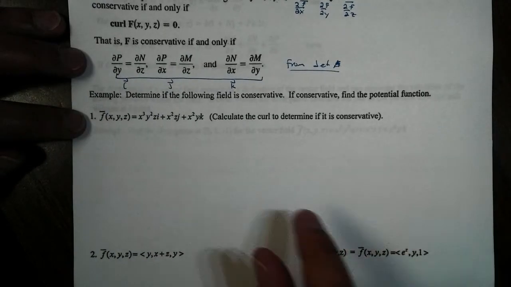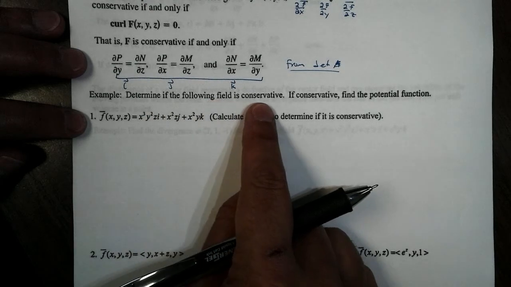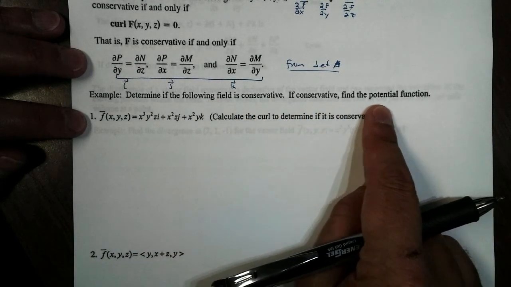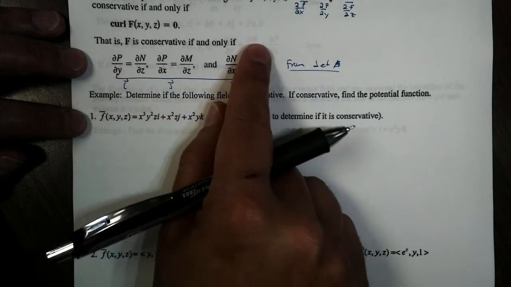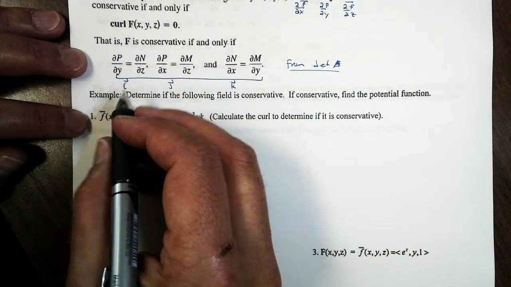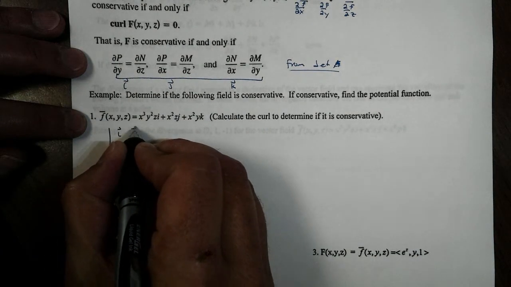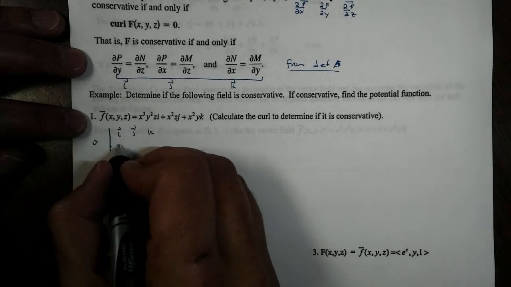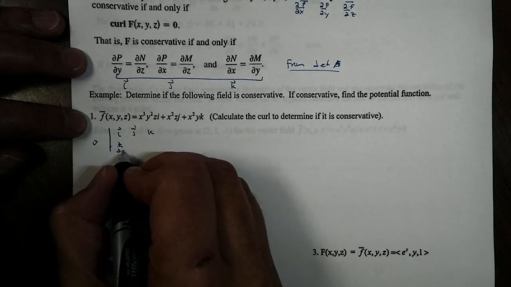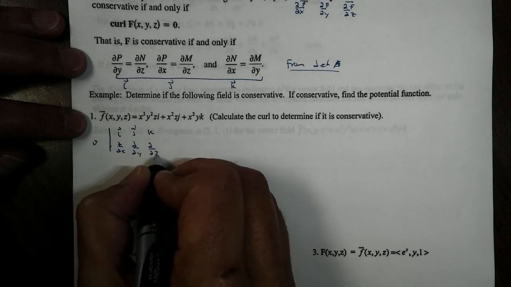So let's see here. We want to determine if the following vector fields are conservative. If conservative, we want to find a potential function. Now remember, where we get these is from our determinant. So let's review that if we need to. We'll call this i, j, k. Remember, we're going to look at our gradient. The gradient of our vector is the partial with respect to x, the partial with respect to y, and the partial with respect to z.